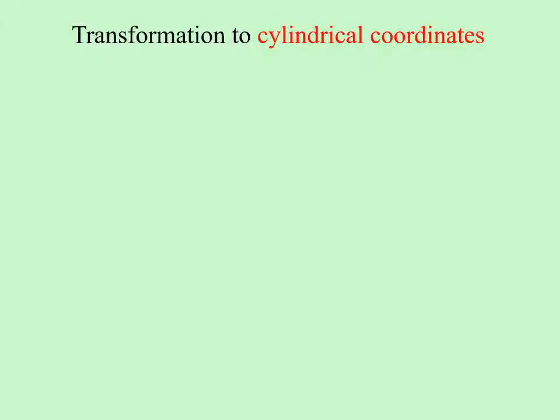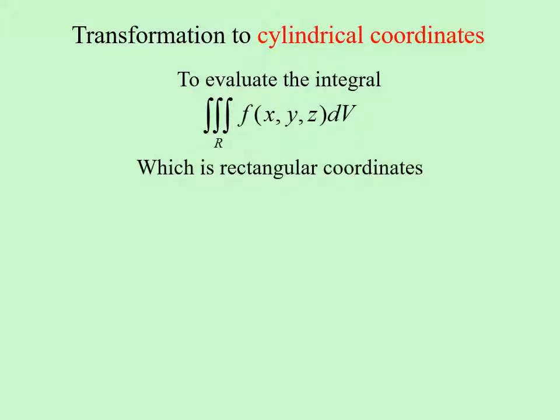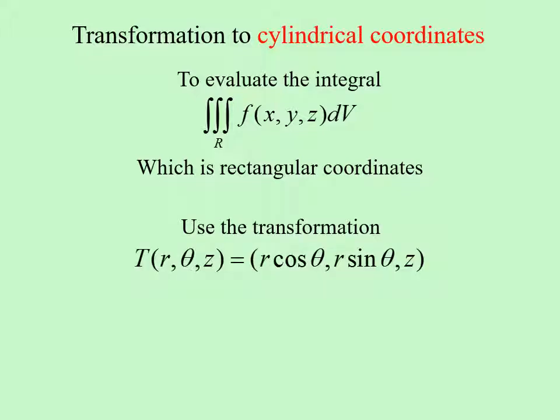Now, once upon a time, we transformed rectangular to cylindrical coordinates, and we changed integrals from rectangular to cylindrical. Let's take a look at that transformation in a little bit more detail. The transformation was x equals r cosine theta, y equals r sine theta, and z equals z.